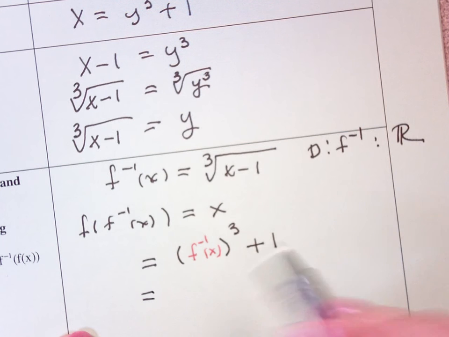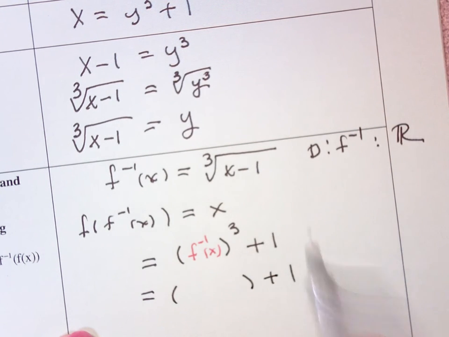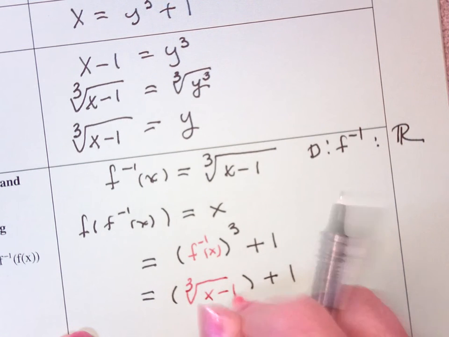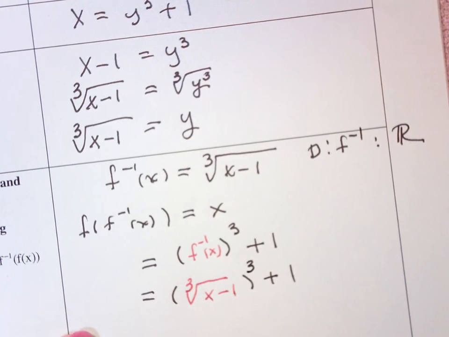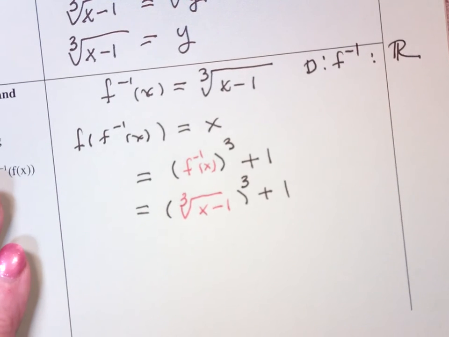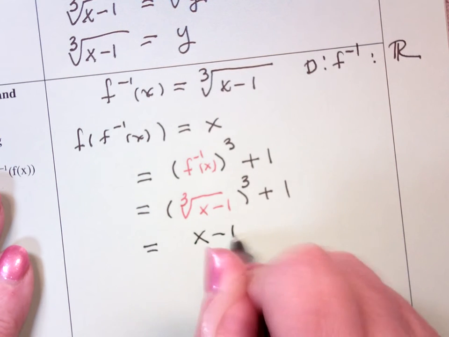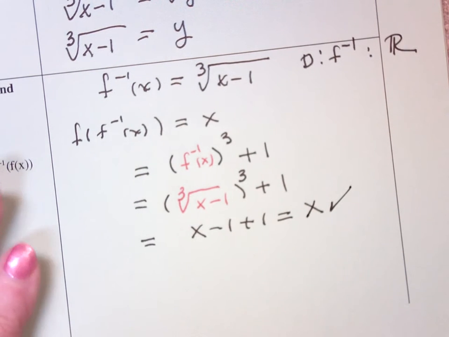So the inverse function is the cube root of x minus 1, cubed. And if I cube the cube root of x minus 1, what do I get? X minus 1 plus 1, that equals x, and it verifies.